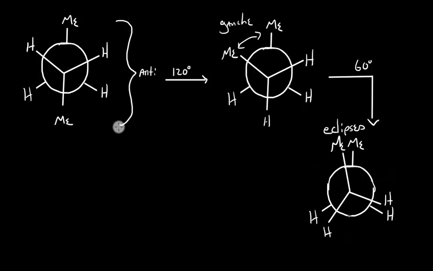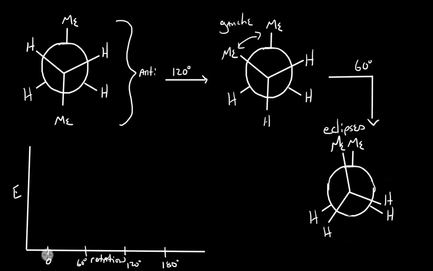And if we were to draw an energy diagram where energy is on the y-axis and rotations on the x-axis, we could try to draw out how that energy would look. So if we have the starting position over here at 0 degrees, and that would be this molecule right here, we could say this is the lowest position in terms of its energy, and this final position is going to be the highest energy.